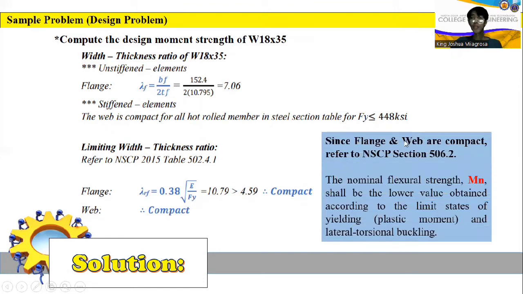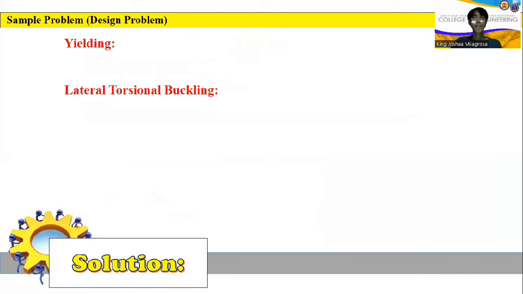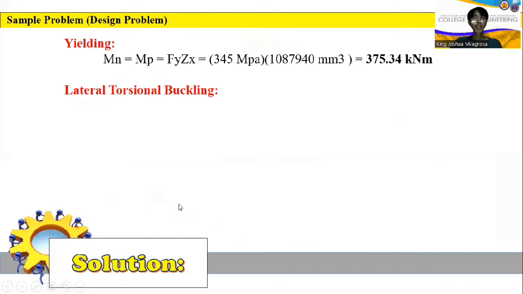So since flange and web are compact, refer to NSCP section 506.2. So dito sinasabi na yung nominal flexural strength or the MN shall be the lower value obtained according to the limit state of yielding plastic moment and lateral torsional buckling. So for our yielding, so MN or nominal moment is equal to MP is equal sa Fy times Zx is equal sa 345 MPa, which is given sa problem natin kanina.